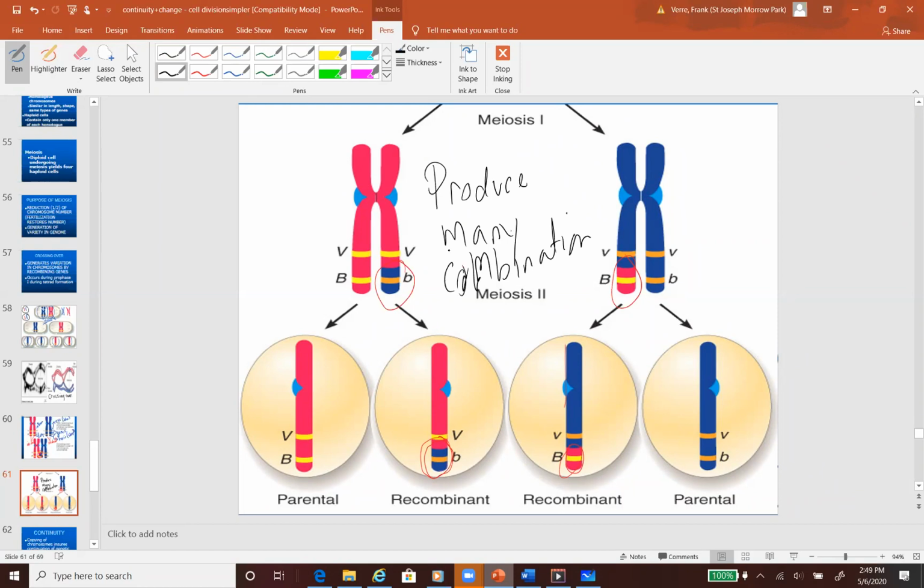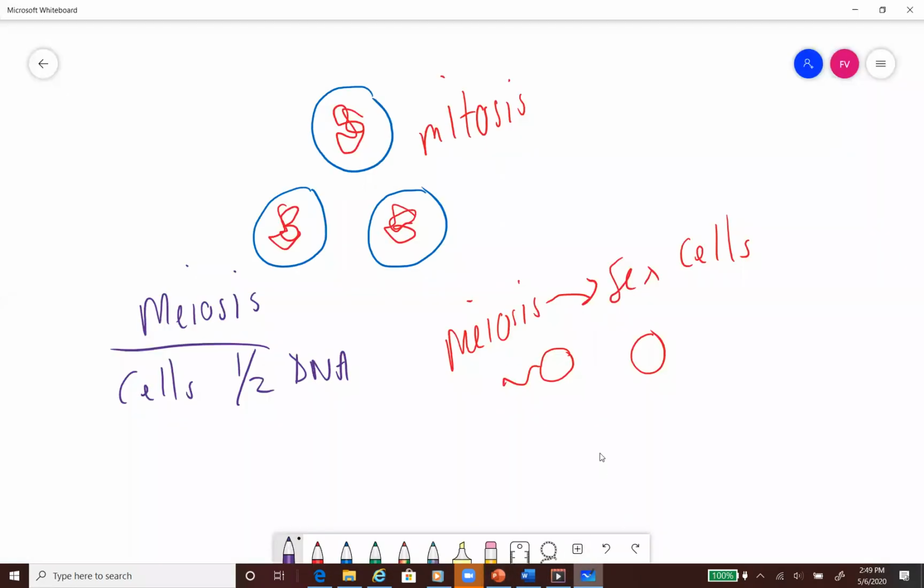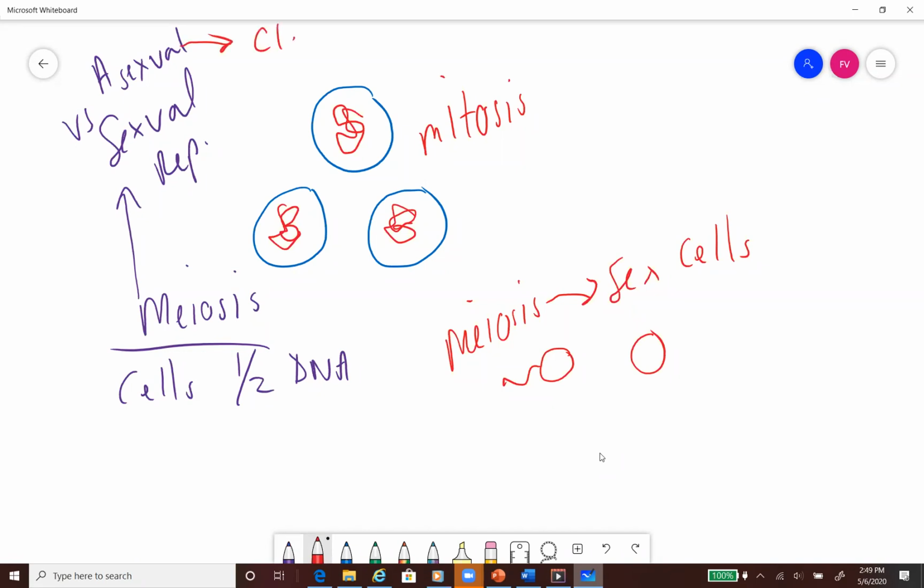Because this is all in relation to sexual reproduction. And if you remember in grade 9, you probably talked about asexual reproduction versus sexual reproduction. I'm sure that probably came up maybe in elementary school. And the huge difference between these two is in asexual reproduction, you make clones.